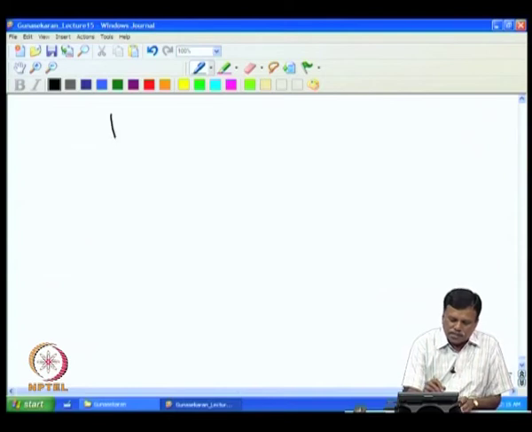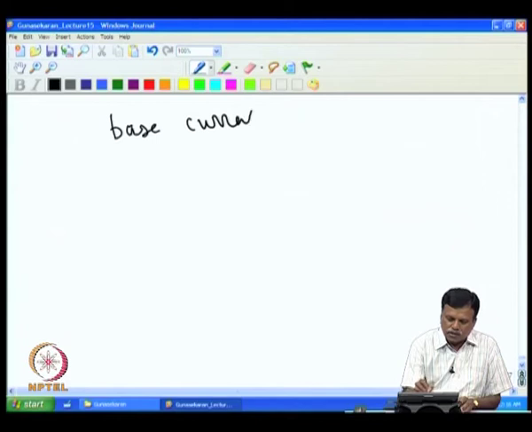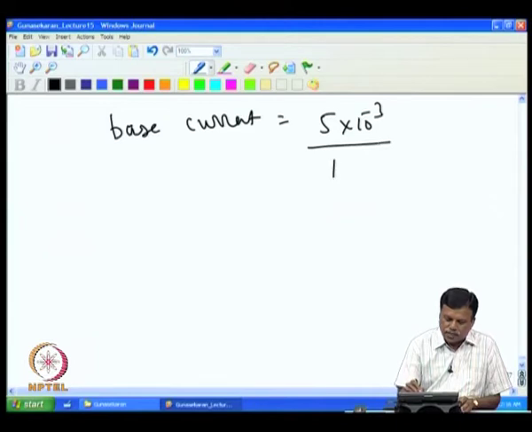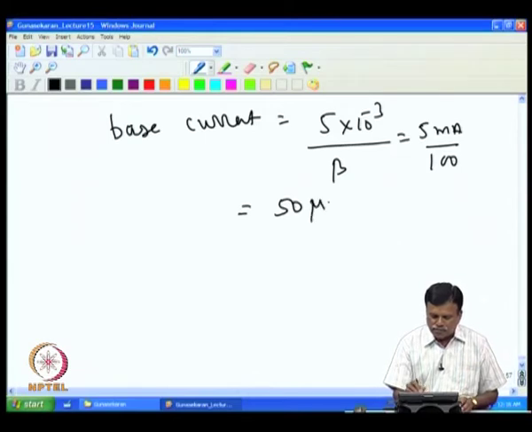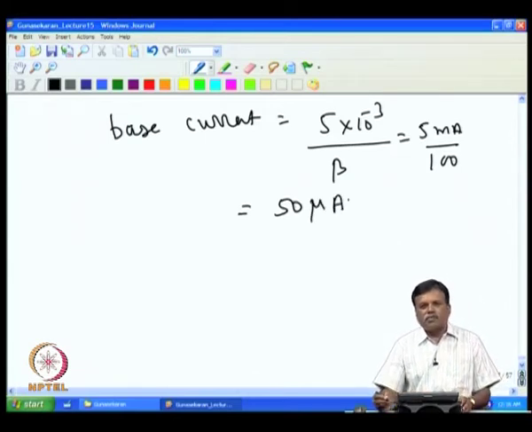That is 5 milliampere divided by 100, which comes out to be 50 microampere. So, we got the base current.